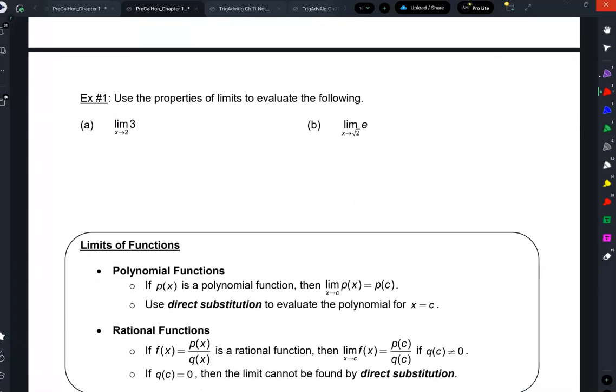Let's use the properties of limits to evaluate this. So the limit as x approaches 2 of 3, how much? 3. The limit as x approaches root 2 of e, because the function is y equals e, which is 2.718, so it's e.